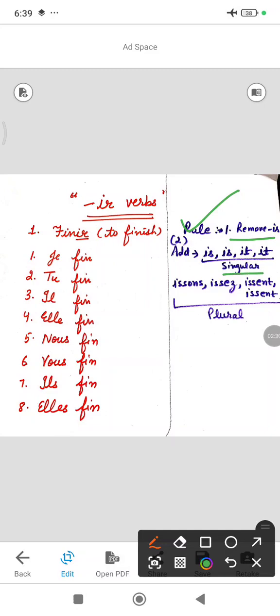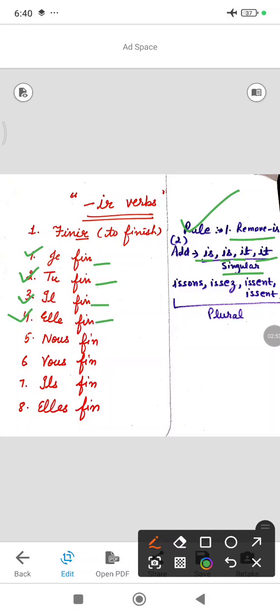Now tell me which are the singular pronouns? Je means I, tu means you in singular form, il means he, this is also singular, and elle means she, also singular. For the first 4, at the end we have to add IS, IS, IT and IT.